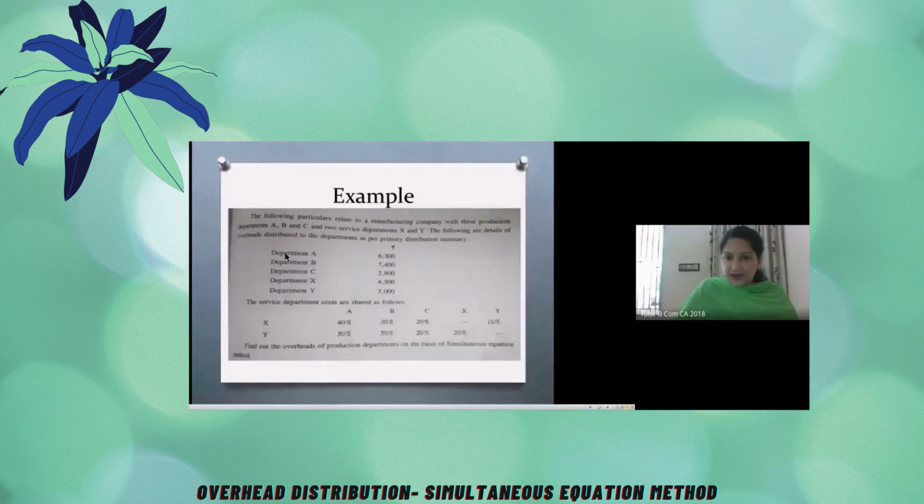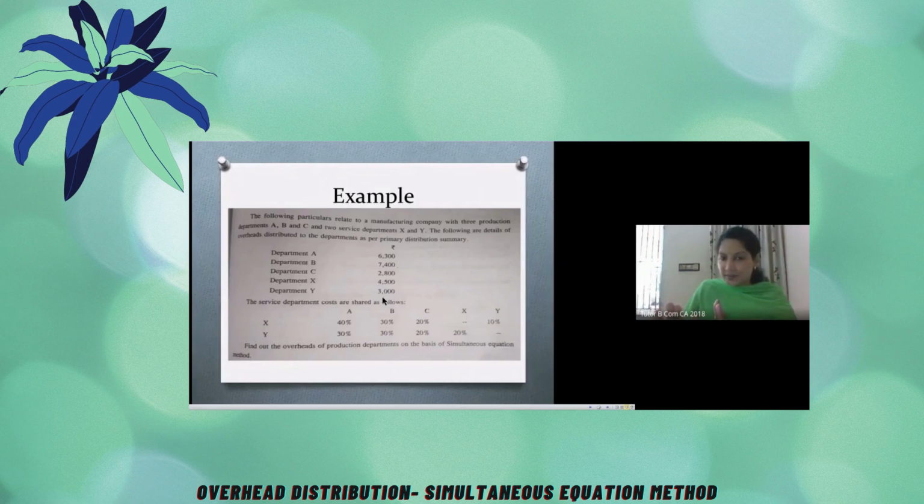As you can see here, department X, our first service department, has a total primary distribution summary of 4,500. The total primary distribution summary of service department Y is 3,000.